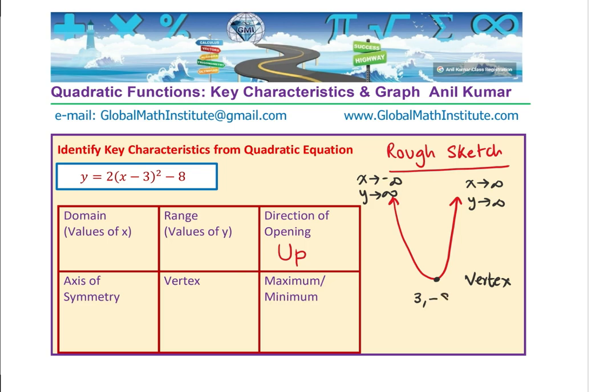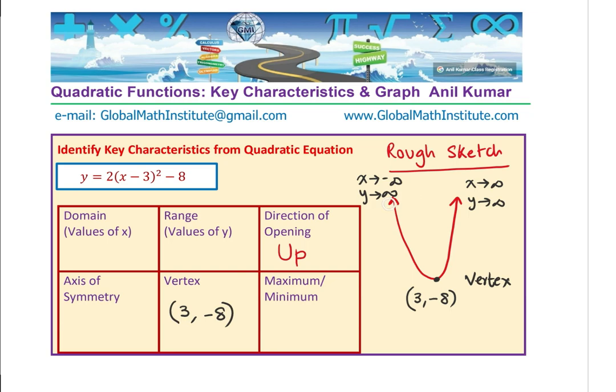Makes sense? So we got the vertex from here. So we'll fill in vertex, which is 3, comma minus 8. Do you see? I'm not filling the information in a particular order. I'm going with the flow.